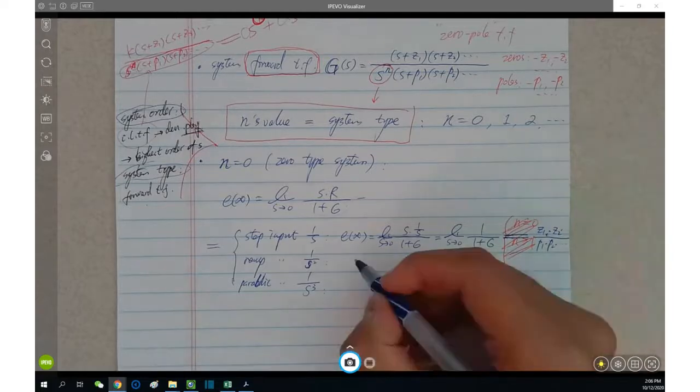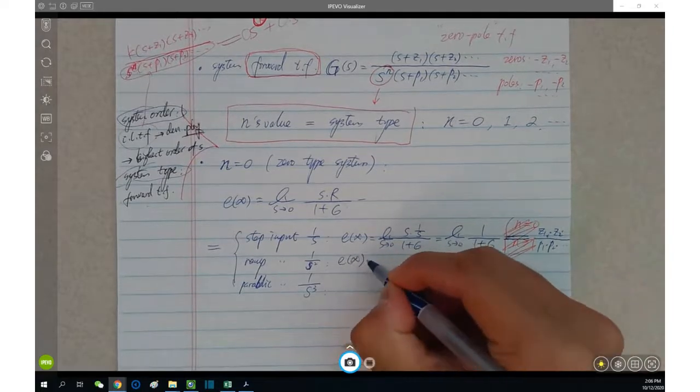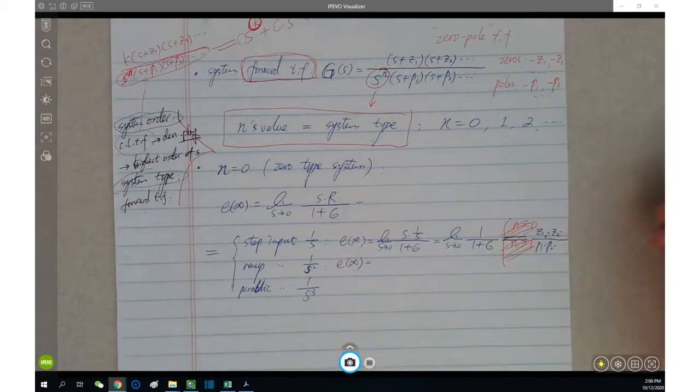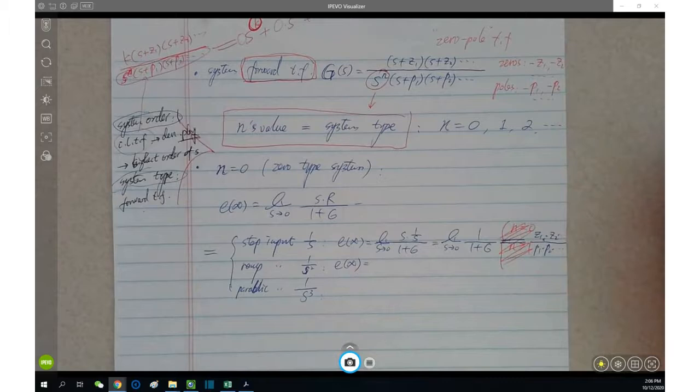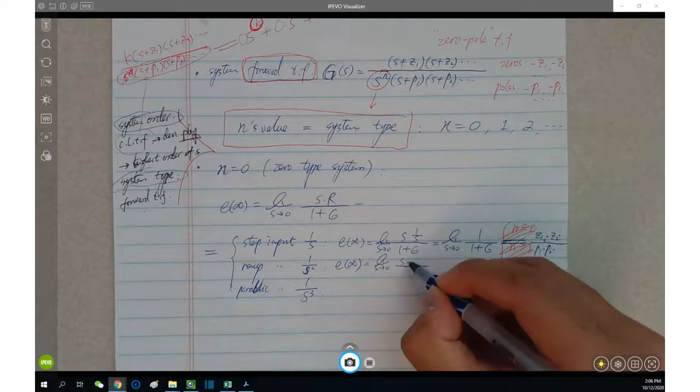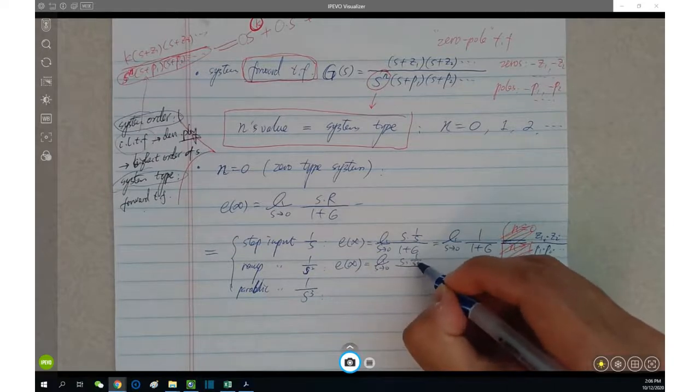And then what if the ramp input goes to a zero type system? What are we going to have? S times 1 over s squared.